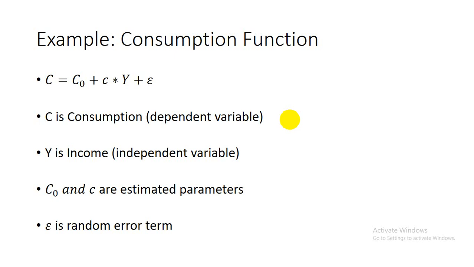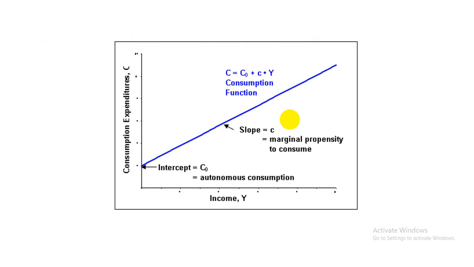Now we have to see that if the level of income increases, then consumption will increase. But we have also added some graphical explanation of this, so that we can analyze it in a more appropriate way.